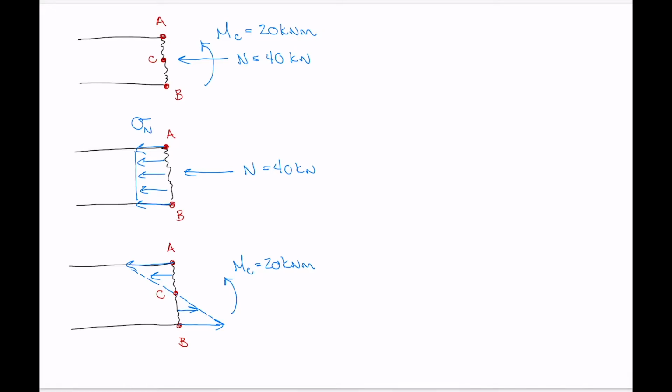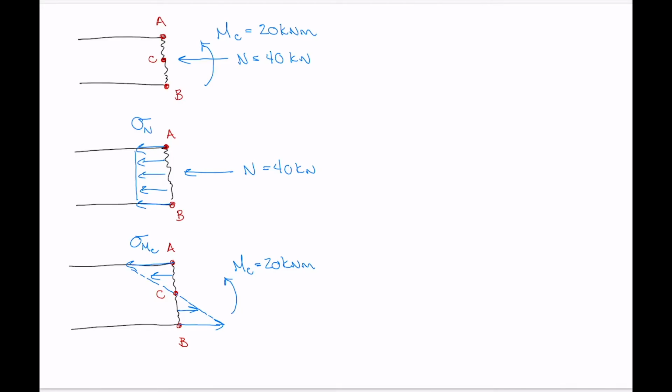So now we can see the stress profile here, and I'm going to call this stress profile sigma subscript MC for the normal stress caused by internal moment MC. Okay, so we've got the stress profile due to MC.